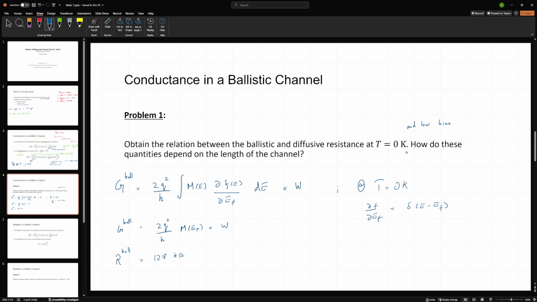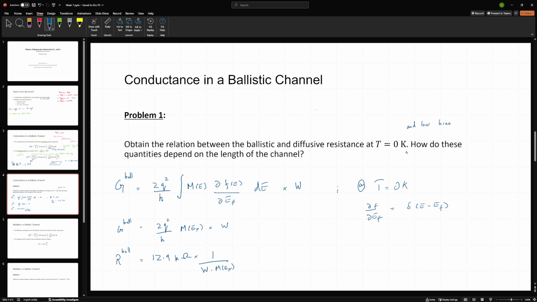So this is 12.9, not 12.8. So this will come out to be 12.9 kilo into 1 divided by W times M of EF.